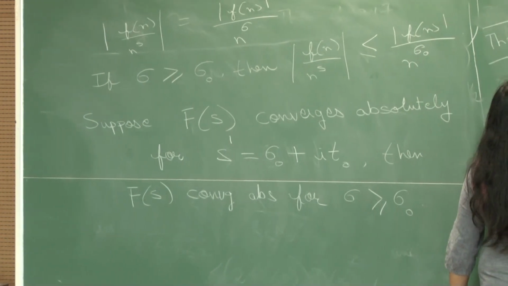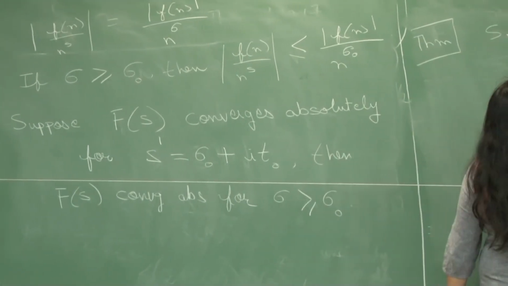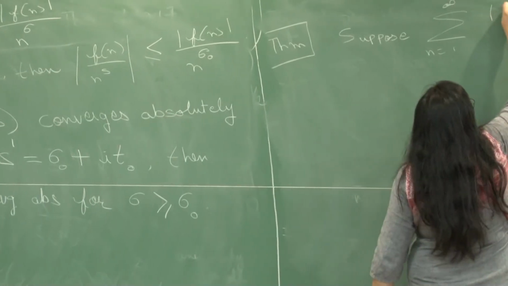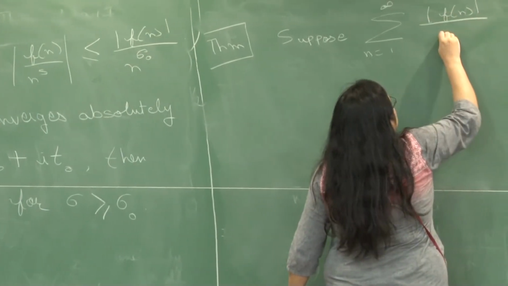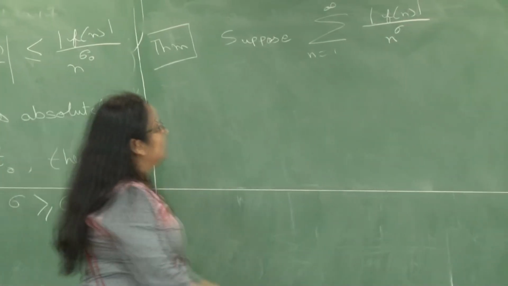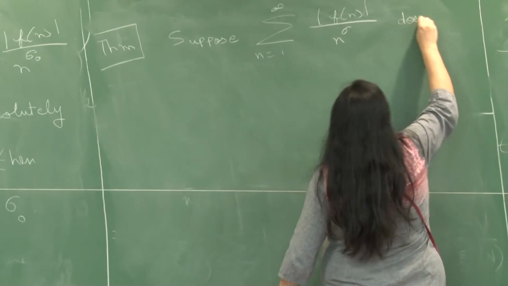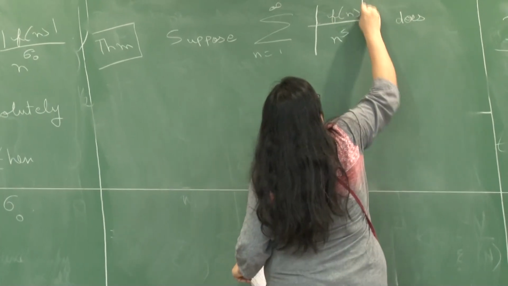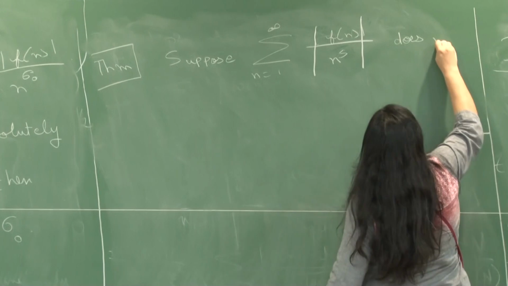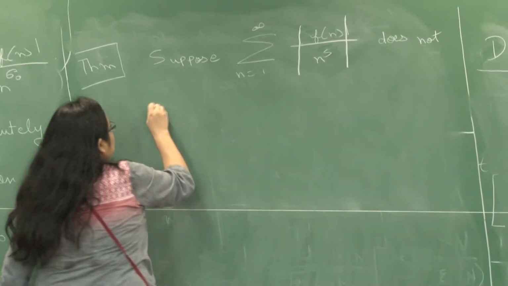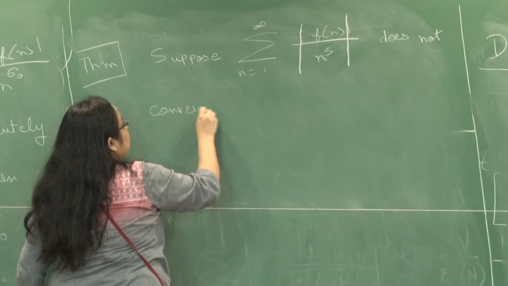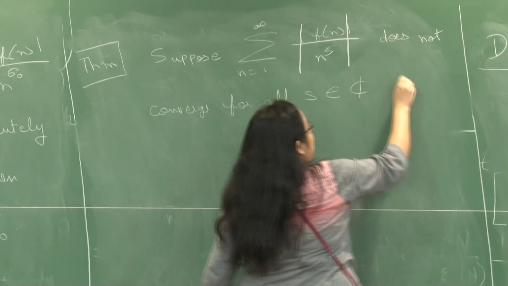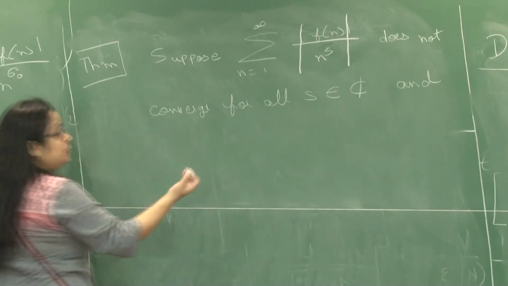So suppose we are talking about absolute convergence of these series, where the series of absolute value of f of n over n to the sigma does not converge for all s in C, and does not diverge either for all s in C.